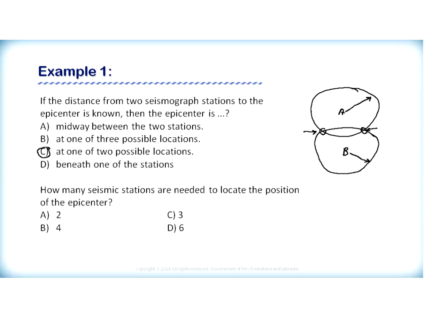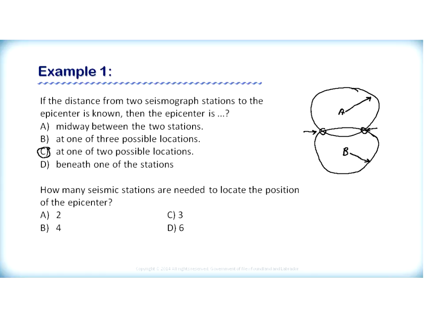If we look at the next question, the next question reads, how many seismograph stations are needed to locate the position of an epicenter? So if you look at the question above, 2 seismograph stations will give a possibility of 2 different locations.